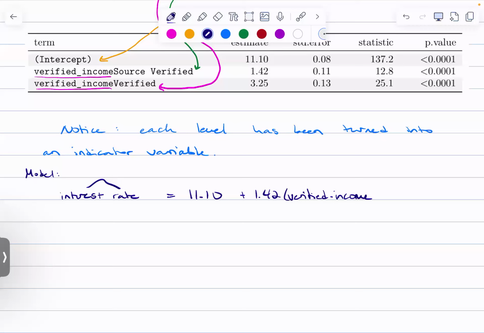And then we're going to use the subscript source verified, because it doesn't produce subscripts, so source verified. Plus 3.25 times verified income verified, which was both the source and the income.